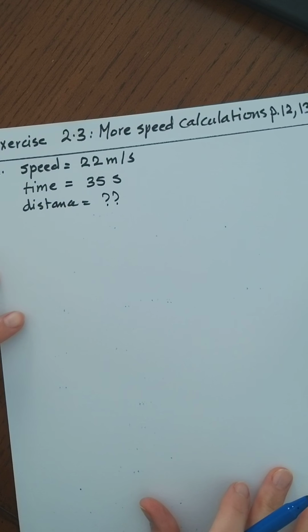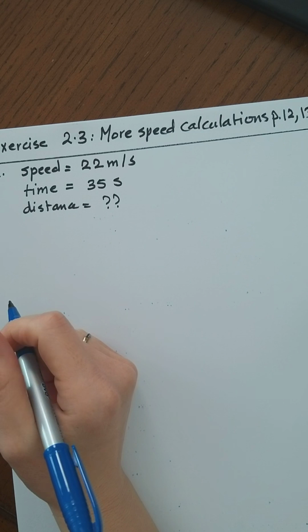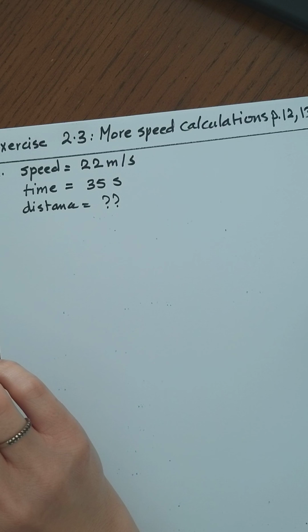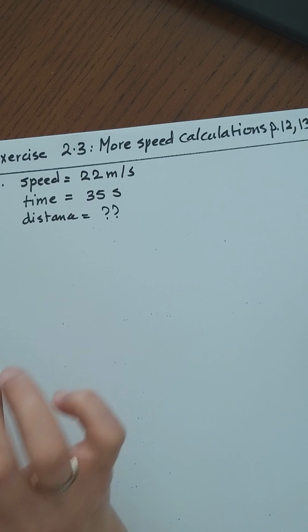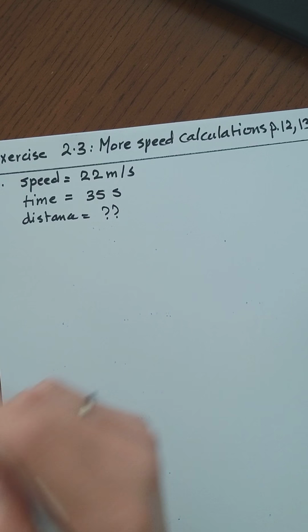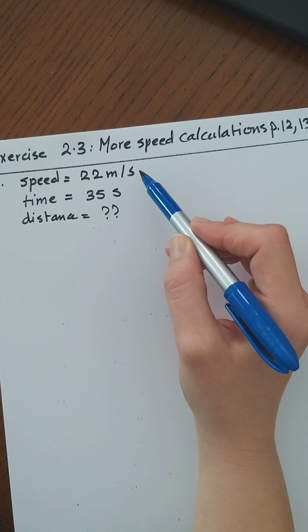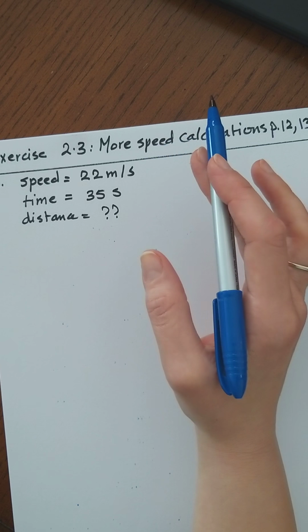Exercise 2.3, more speed calculations, pages 12 and 13. This exercise has a little bit trickier questions. So, I want you to remember that for any word question, if you simplify it, if you put the data that you have in front of you, what you know and what you need to know, you will make it easier for you to answer any question.